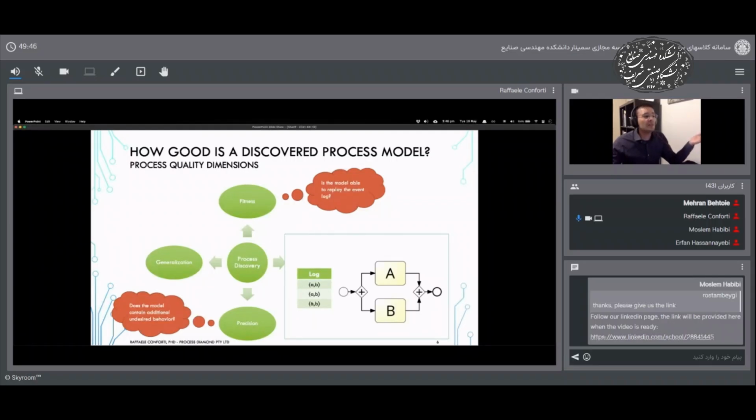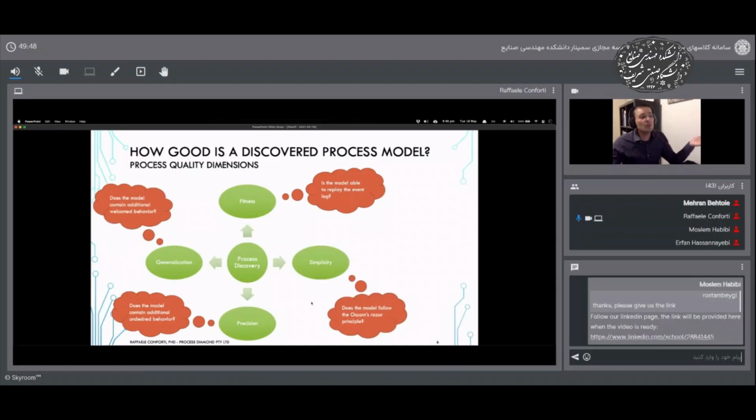The last aspect is the concept of generalization, which basically tells us, okay, my model can reproduce the behavior that is in the log, but if the behavior is a slight extension of what we see, without anything crazy like imprecision, am I still good enough or not?